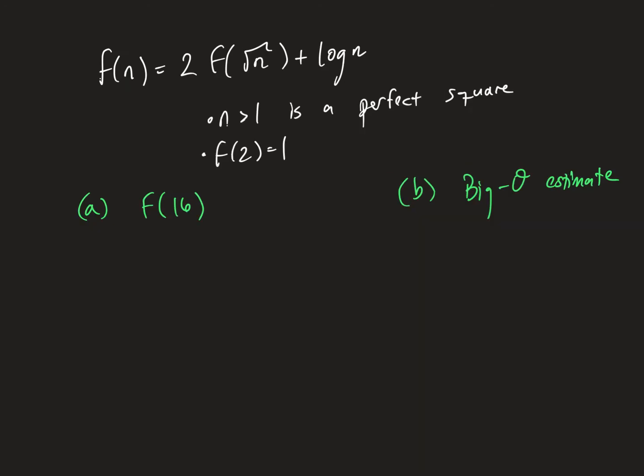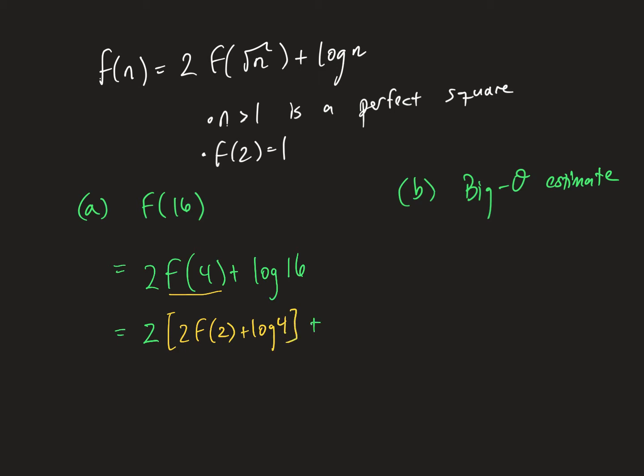But first, let's just find f of 16. So f of 16 is 2 f of square root of 16, which is 4, plus log 16. And f of 4 will be 2 f of 2 plus log 4.